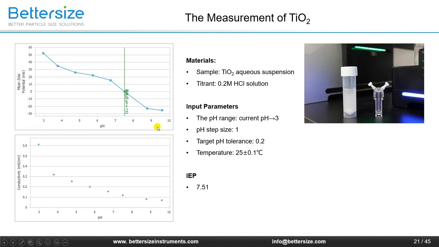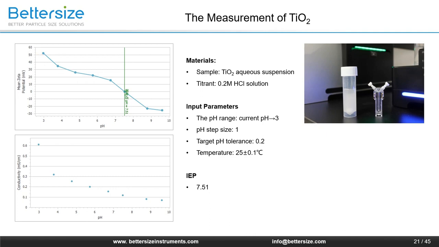We can see the original pH of the dispersion is around 9.6, and the Z potential is around minus 25 mV. With the decrease in pH, it reaches the IEP at pH 7.5, and with the further decrease in pH, the Z potential becomes positive, and the absolute value becomes greater. So this titanium dioxide dispersion has the worst stability when the pH is close to 7.5.